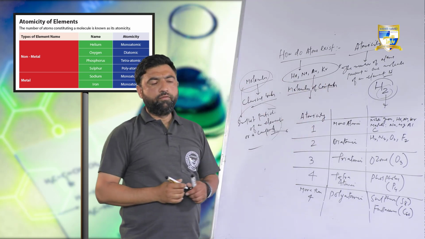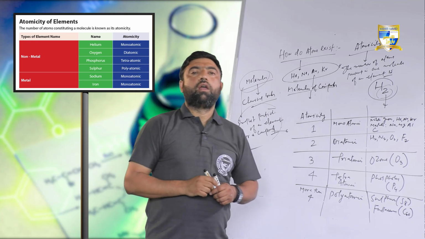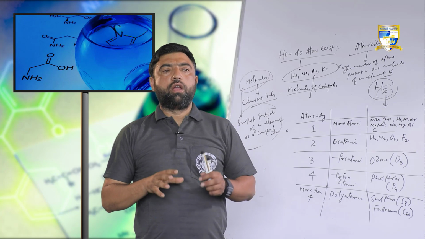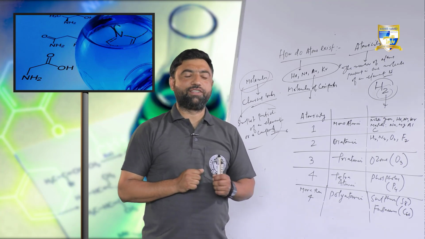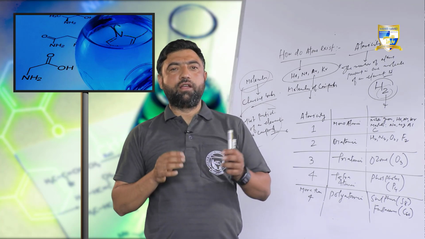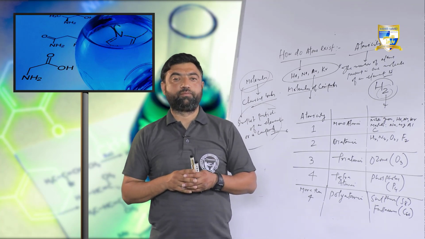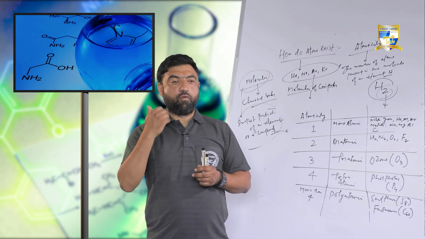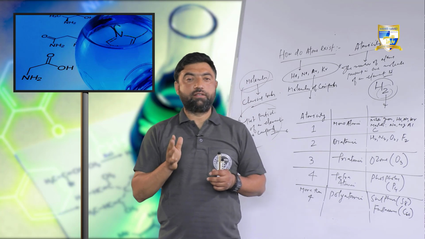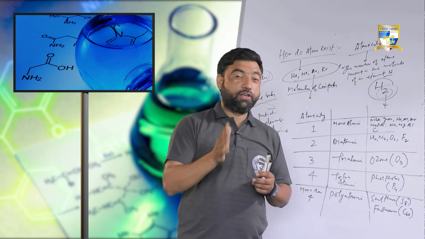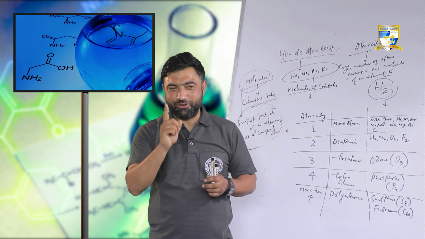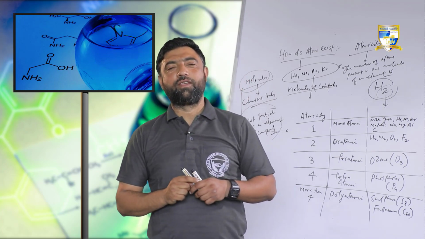In case of a molecule of a compound, different atoms combine with each other by means of chemical bonds. And you know that in the formation of a compound, atoms always combine together in a fixed proportion by mass, according to the law of constant proportion.